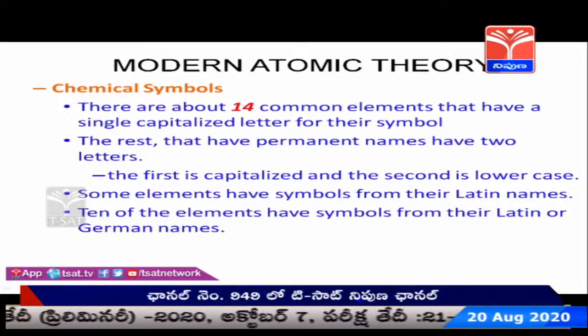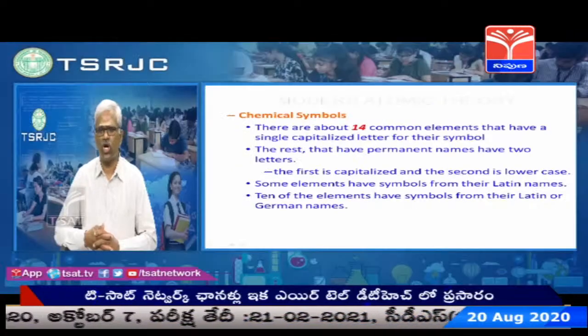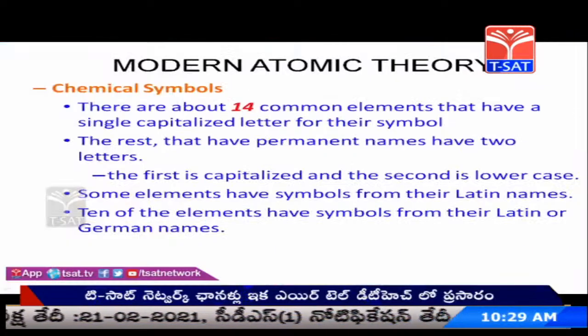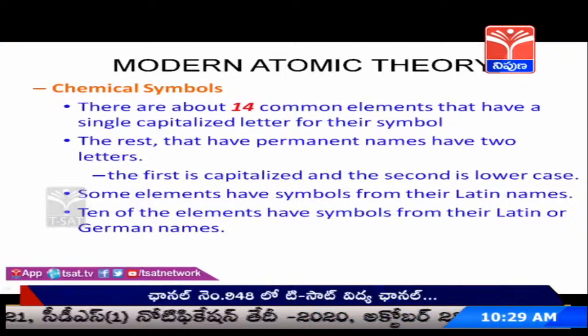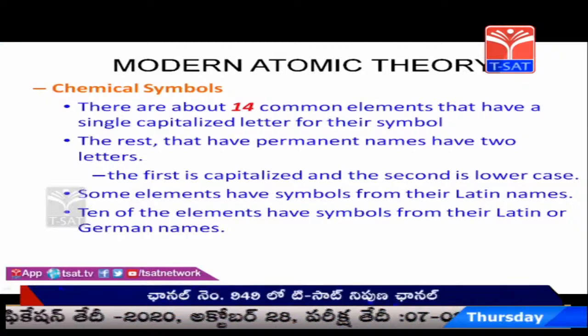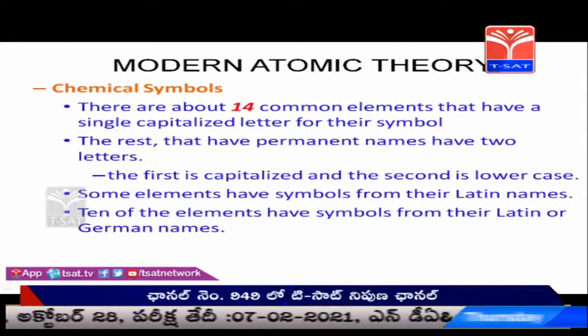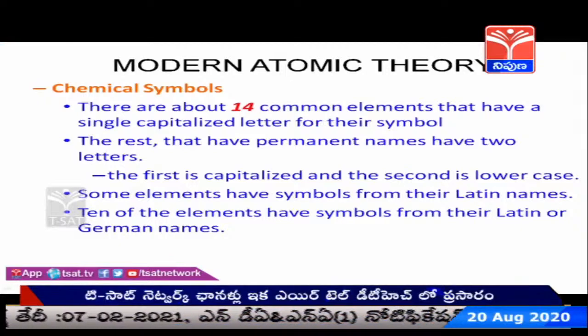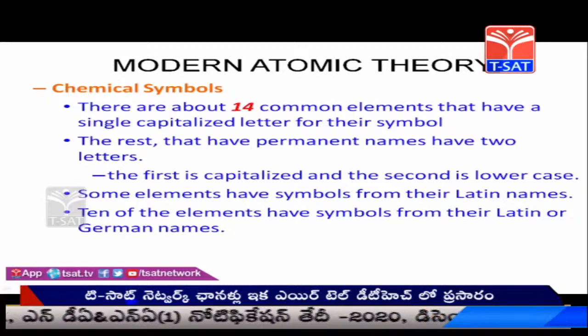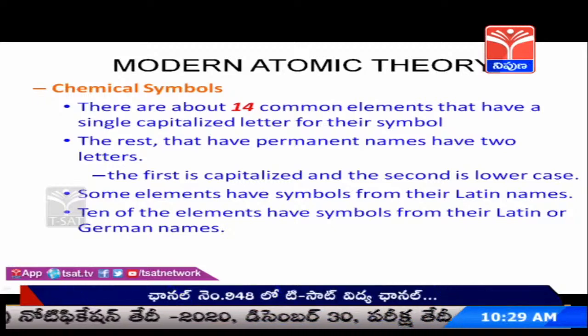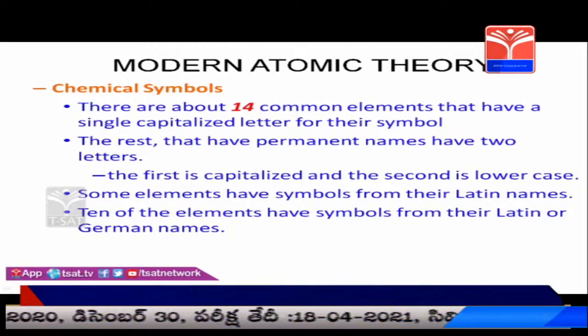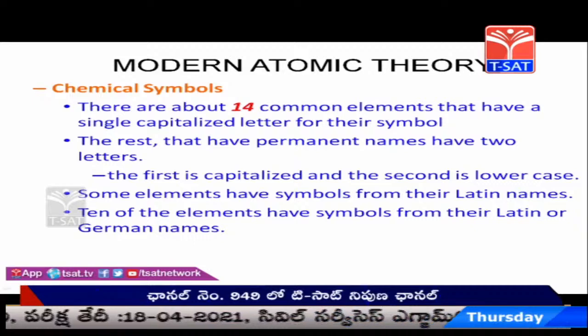Hg means hydrargyrum, Mo molybdenum. So, two letters of the English alphabet are taken to mention the symbol for elements. Why do we have to take the symbols?